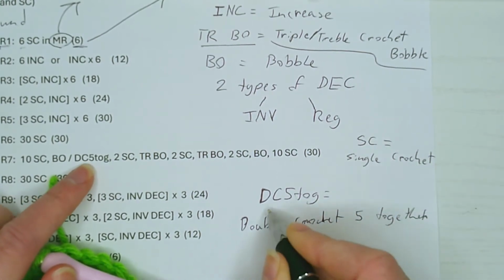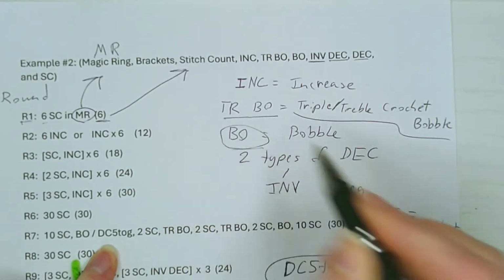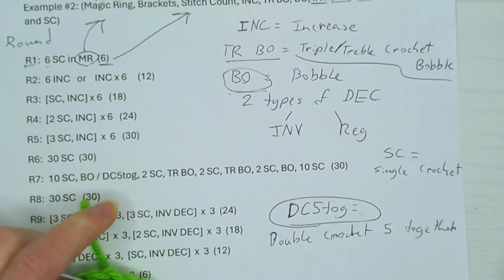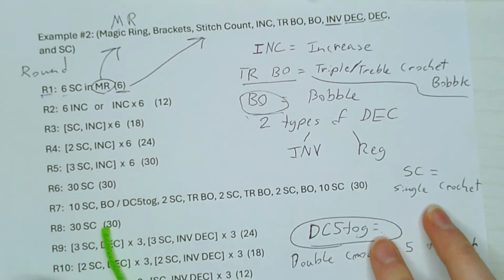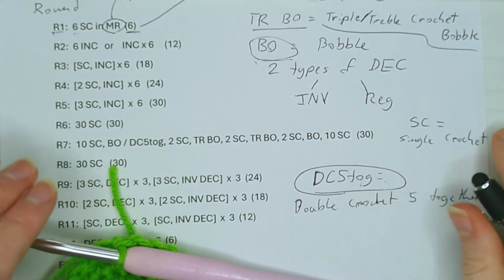So this is equivalent to a bobble stitch. These two are exactly the same thing, but your pattern may say one or the other, so I just wanted to include what both of them look like.